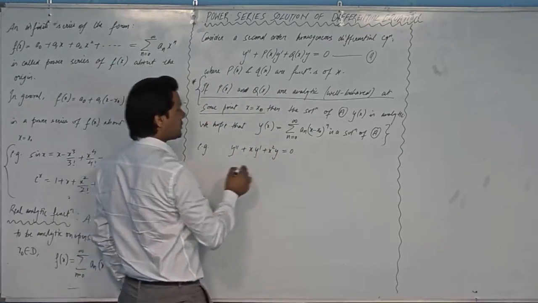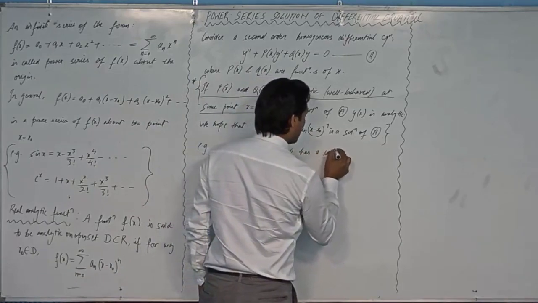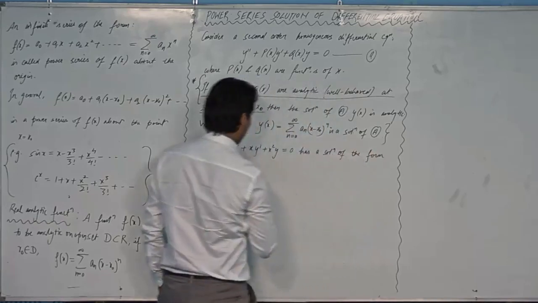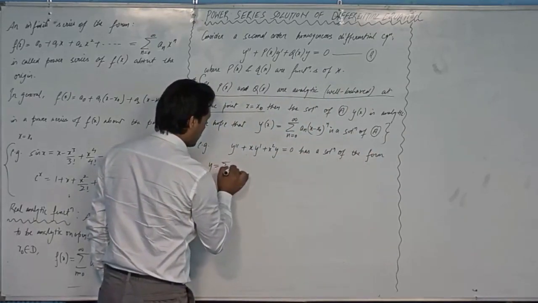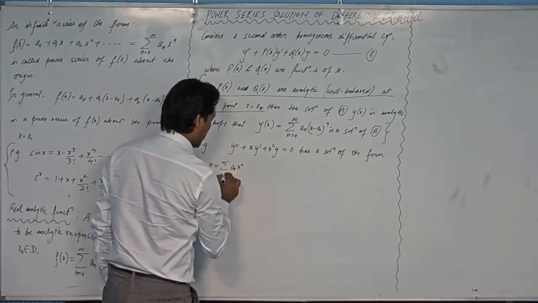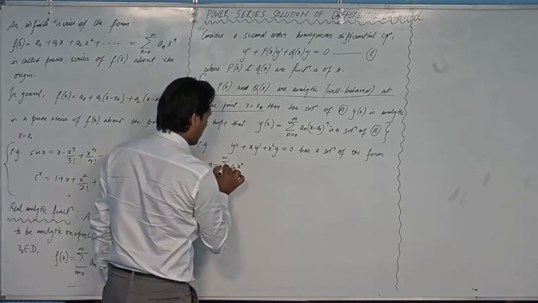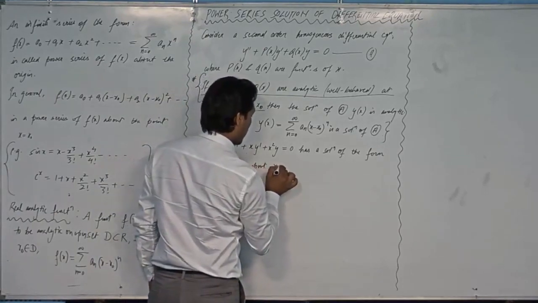This is a differential equation, has a solution of the form y is equal to summation a_n x to the power n, n equal to 0 to infinity, about x equal to 0.